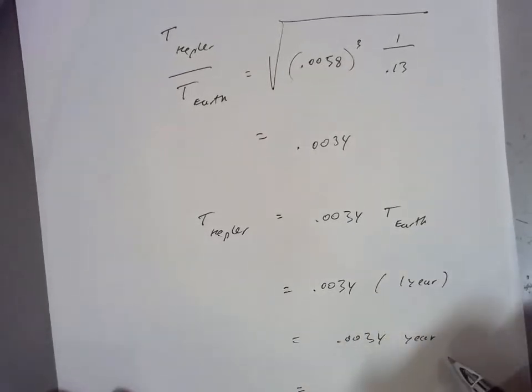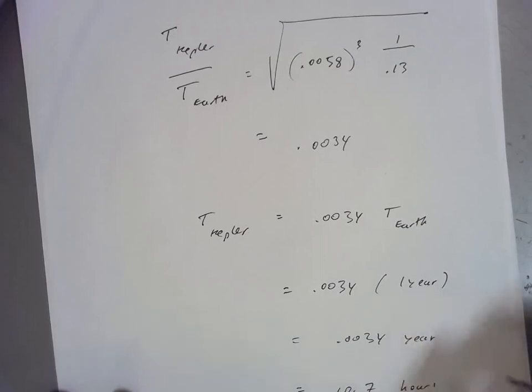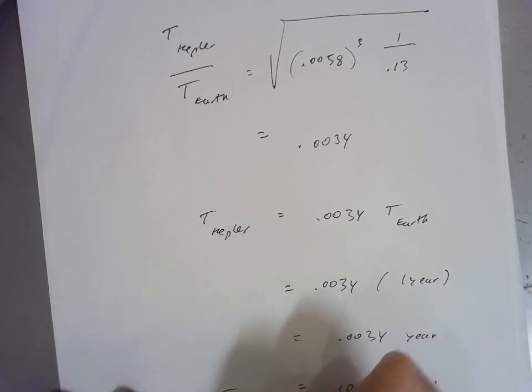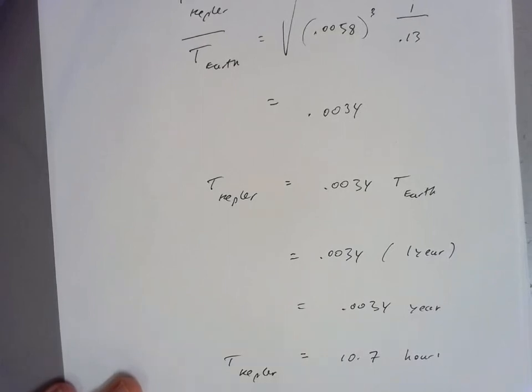You can convert years to days or to hours. I converted it to hours, and it turns out that the period of Kepler's orbit is only 10.7 hours. So it's going in a very tight orbit around its star, and it goes all the way around that star in only 10.7 hours, which is pretty amazing.